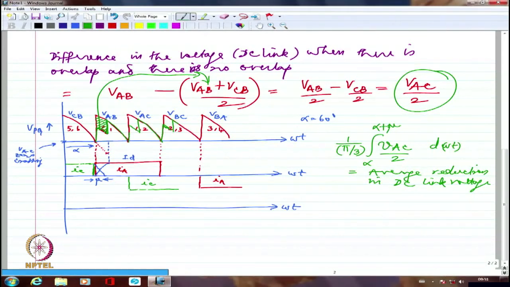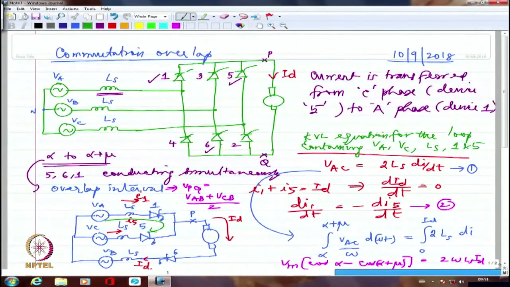VAC equal to 2LS di by dt, we also wrote this particular thing, that is alpha to alpha plus mu. When I actually integrate it, it happens to be equal to 2 omega LS ID. But when I integrated VAC, if it is VAC by 2, it should be omega LS ID.